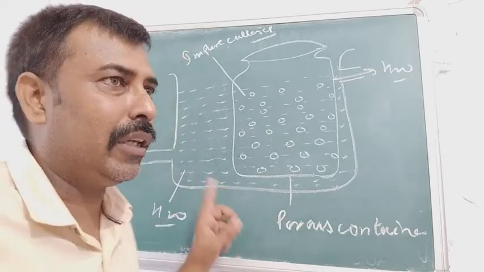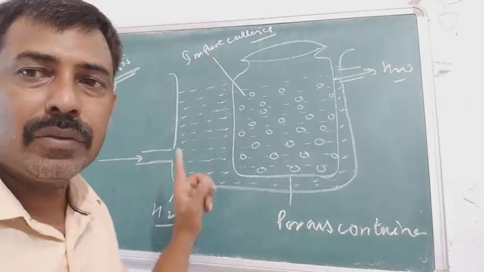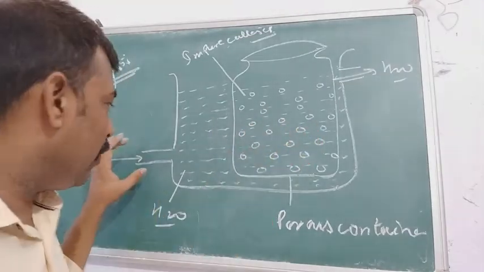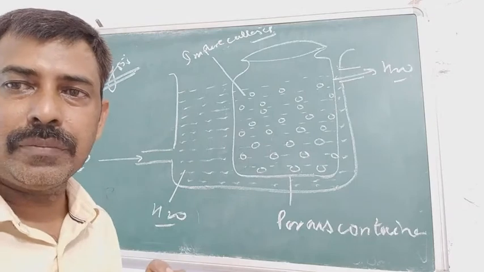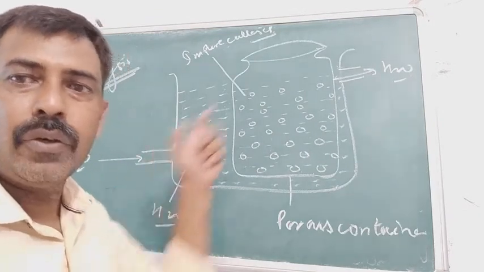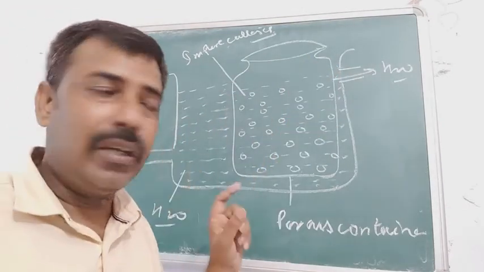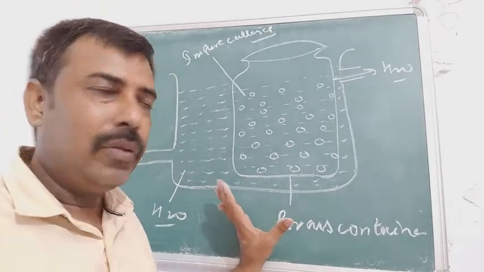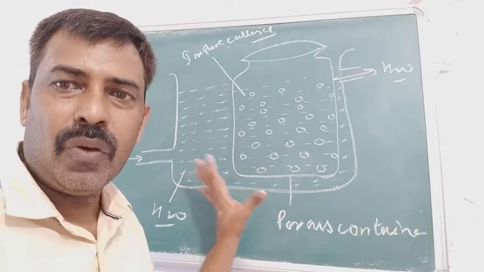In this porous container, we take the colloidal system with the electrolyte, and we pass water through it, from the lower end to the higher end. As a result, the water will remain around your container. When you generate such a condition, what will happen?